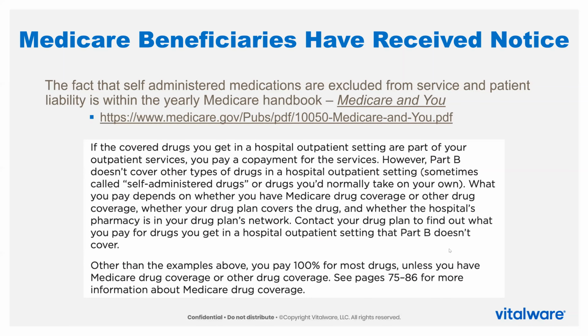So I have seen different MACs behave differently on the topic of insulin. And so I would tell you categorically, they're self-administered. However, the MACs have removed them from many of the exclusions lists, and they consider them to be covered services, but usually as part of a bigger benefit. So you will see the MACs behave differently on that.